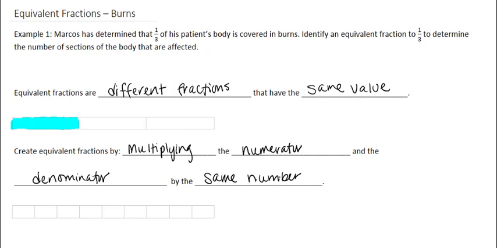So, for example, in this one, we could multiply 1/3 by 3 on the top and the bottom, numerator and denominator, by 3 and 3, to give us 1 times 3 is 3, 3 times 3 is 9.